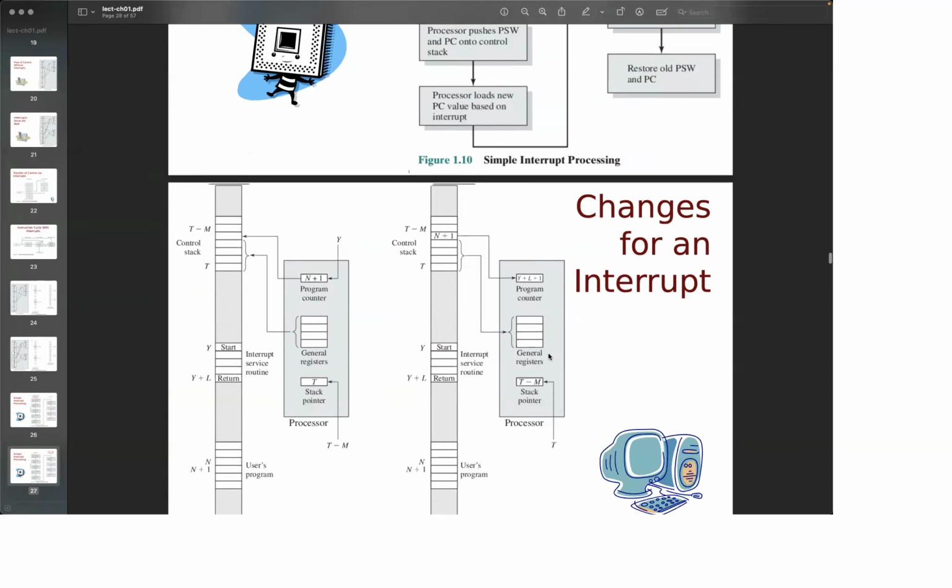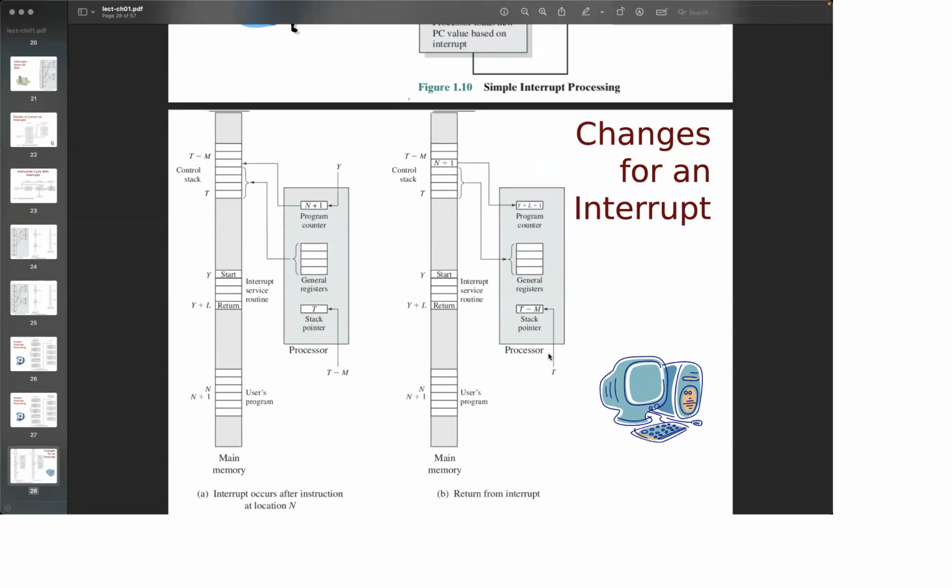It's right here. And if we look at here, if we need to change for an interrupt, let's say we have the program counter, which normally is n+1. And then we have the general register and then the stack pointer. The location you can see at T-1, maybe something right here.